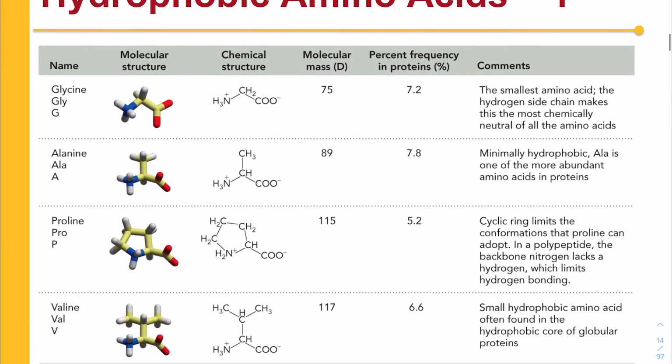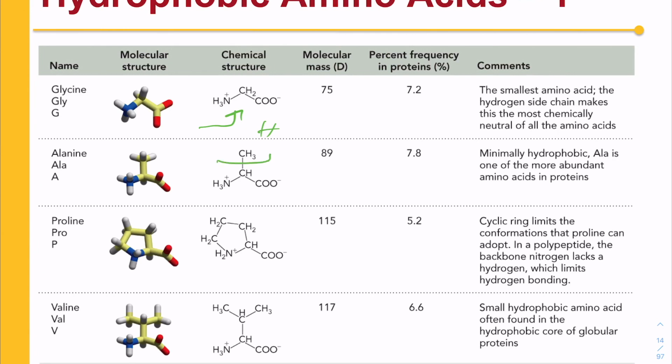For the hydrophobic amino acids, we have glycine, which isn't really hydrophobic, but it has a hydrogen as an R group, and we need to stick it someplace. This is the smallest amino acid, and it's the only one that's non-chiral.